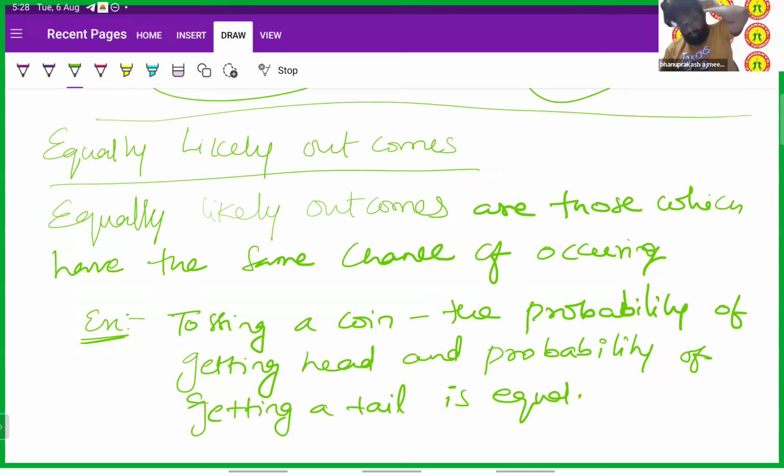The government might declare schools as holidays because it's raining continuously, or might not. Anything can happen. So equally likely outcomes means we know the probability of getting something out of it. This may happen or that may happen. So this is called equally likely outcomes.